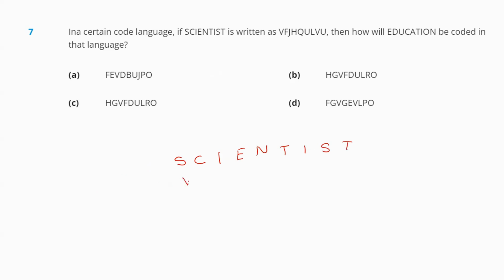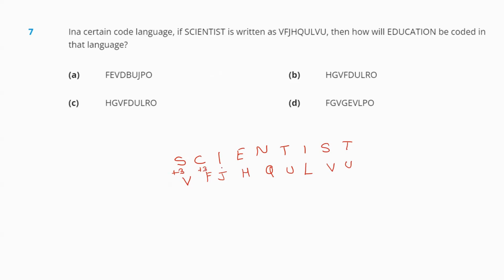It is coded as VFJHQULVU. So from S to V, if we add 3, we get V. From C to F, if we add 3, so we can find there is some pattern of 3.